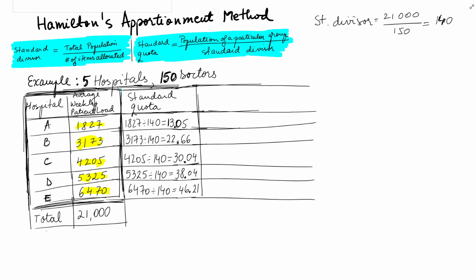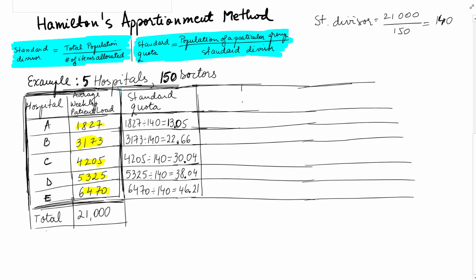But we cannot use this in real life, right? Because we cannot distribute 22.66 doctors, right? So then we are going to use Hamilton's method. But before I get to the actual method, I am going to expand this table and write lower quota and upper quota. What that means is I'm going to put the whole numbers that contain each of the decimals that I got in standard quota.